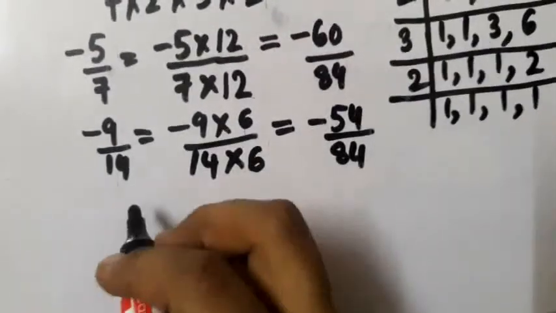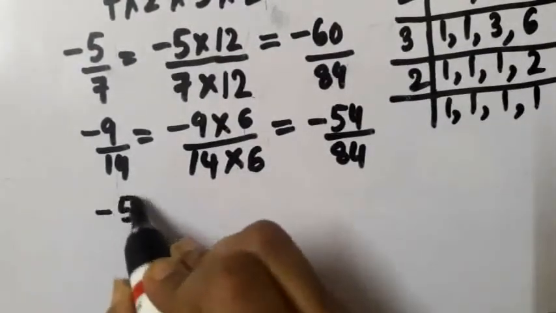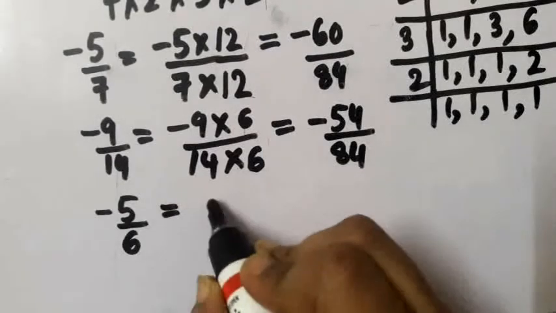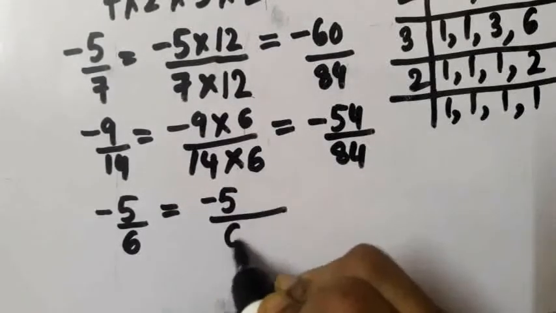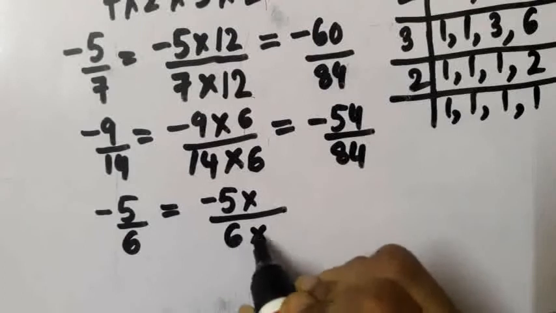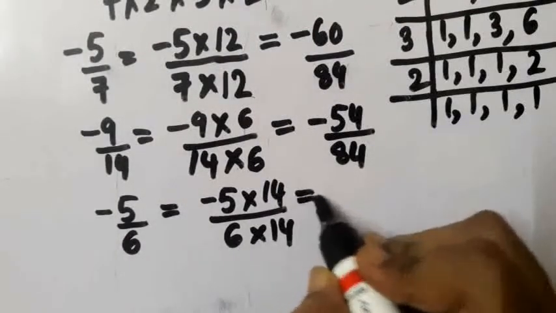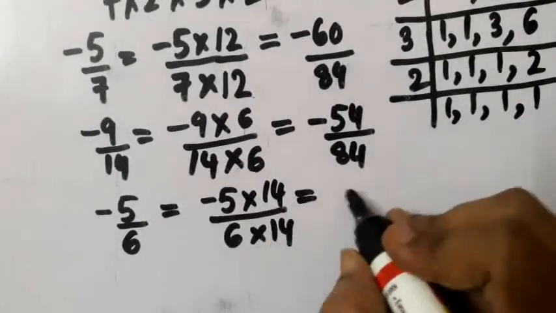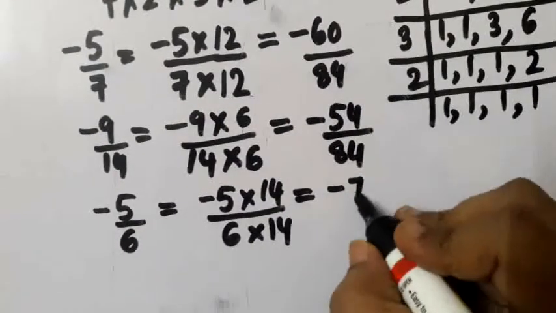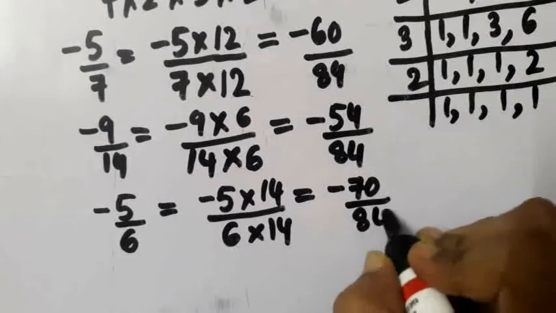Now the next rational number is minus 5 by 6. 6 into what will be 84? 6 into 14 is 84. Now 5 into 14 will be 70. So minus 70 divided by 84.